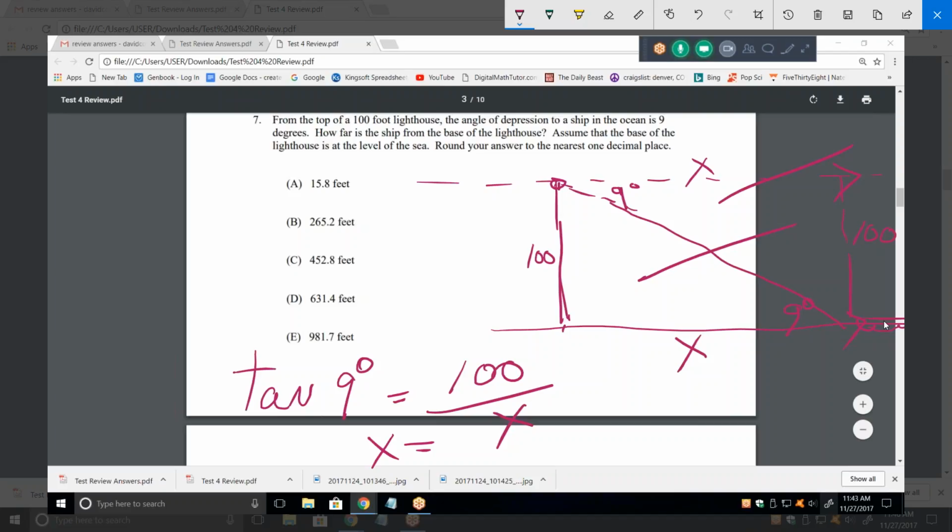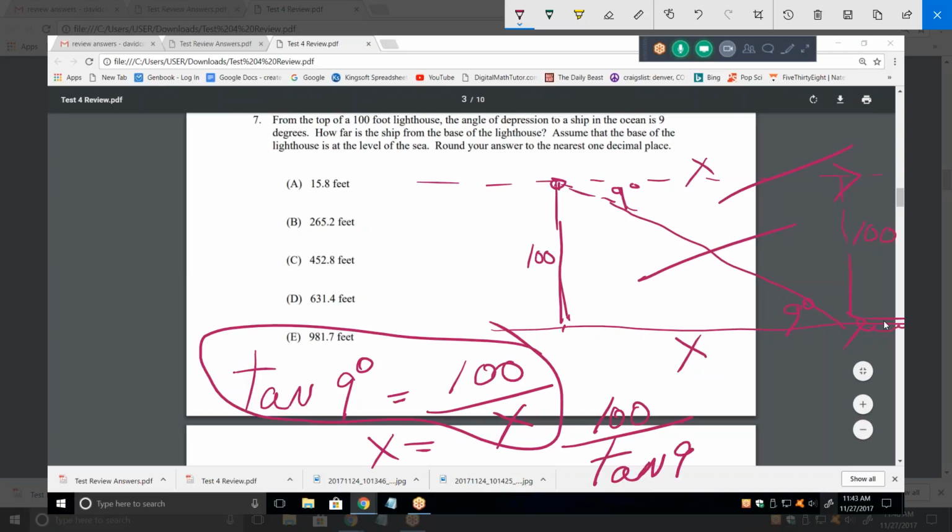So, first of all, give it to me without your calculator and then come up with the number. Tangent of 9 algebraically. What's the algebraic solution equal to? That'd be 100 divided by the tan of 9 degrees.